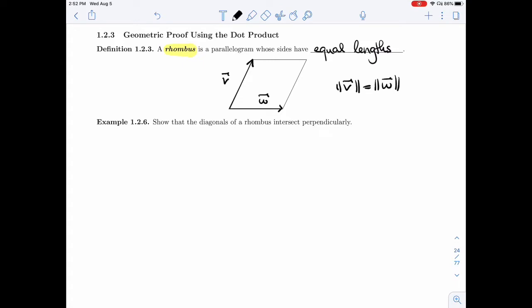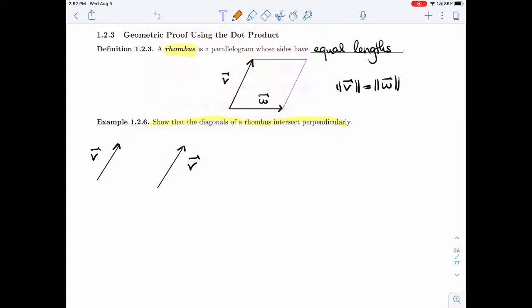All right, so I want to prove something about a rhombus. I want to show that the diagonals of a rhombus intersect perpendicularly. Right, so let's draw our rhombus. I have V here, the other side will be V as well.